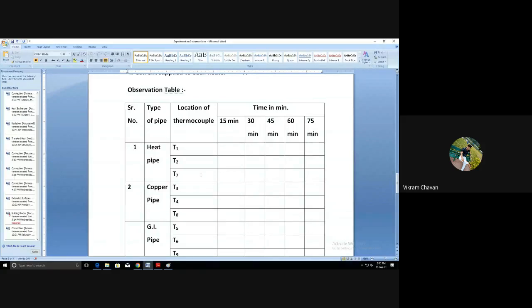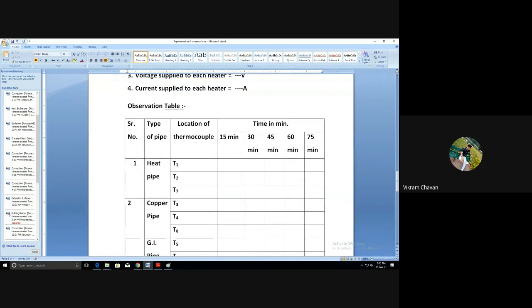Okay. Nice. Have you plotted this particular table? Then I will stop the presentation from here and I will present from the HT Lab.